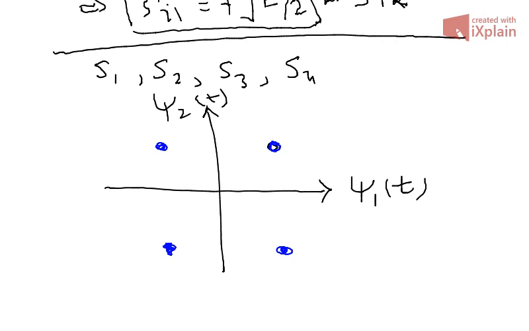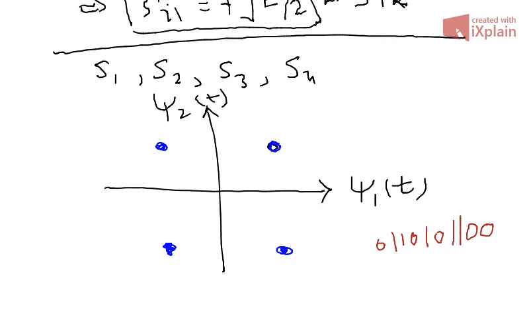The signal constellation: the 4 signals and their representation in the signal space diagram. Now as I mentioned earlier, our data is in the form of ones and zeros. Whenever you get data from a binary source, it would be something like 1 0 1 1, some sequence of ones and zeros, right?